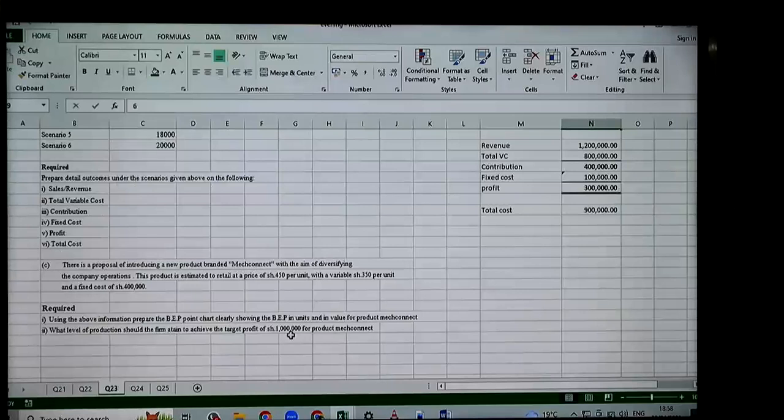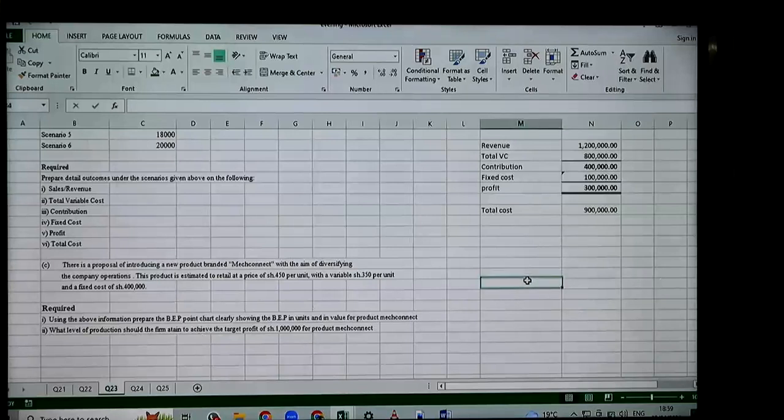Using the above information, prepare a break-even point. This one is for clearly showing the break-even points in units and the value of the product. Here, we can use the goal seek function, and this one is for people who are doing management accounting, because the break-even analysis is under management accounting. The next question is, what level of production should the firm attain to achieve a target profit of 1,000?